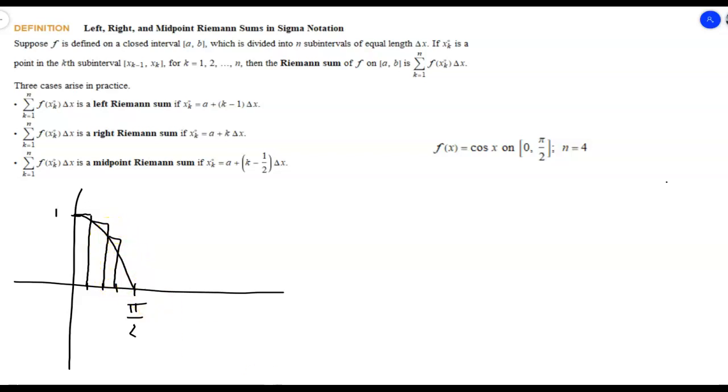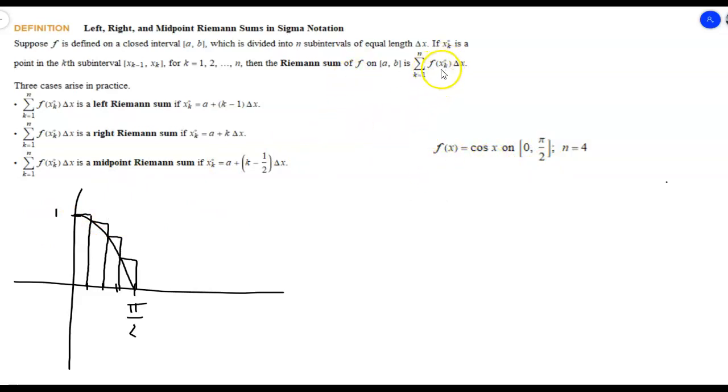And then the last one. So I can already tell that if I use the left side of each of these rectangles as my height, I'm going to get an overestimate because I have a lot of extra space on top of the curve. So let's go ahead and figure that one out.